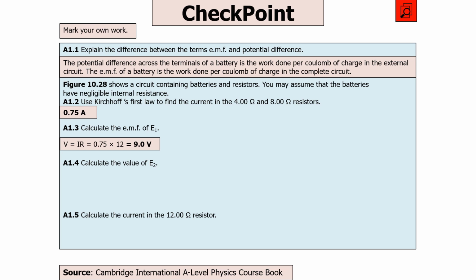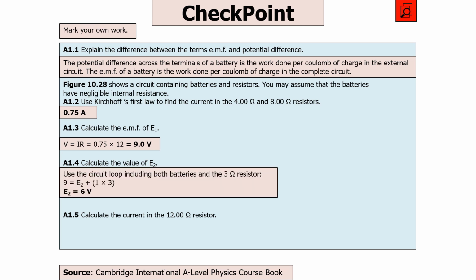So we've got I, 0.75 amps, we've got the external circuit resistance, 12 ohms, so you can work it through to be 9 volts. Here again, use the circuit loop ideas with the batteries in both of them and the 3 ohm resistor. Again, total EMF in equals PD out. So the EMF of that particular component is 6 volts. So therefore the current is I equals V over R. It's 6 over 12. It's 0.5 amps.